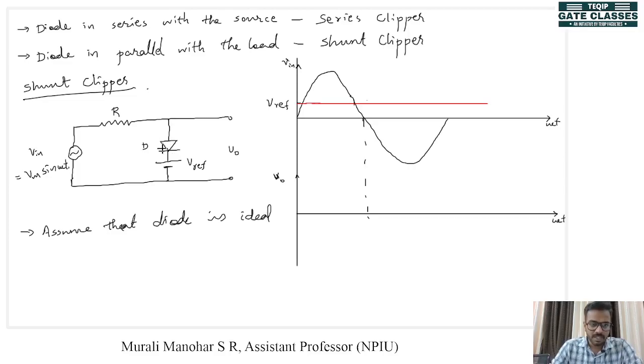To turn this diode on, we know that the anode voltage must be greater than the cathode voltage. Since it is ideal, the difference must be at least 0, right?